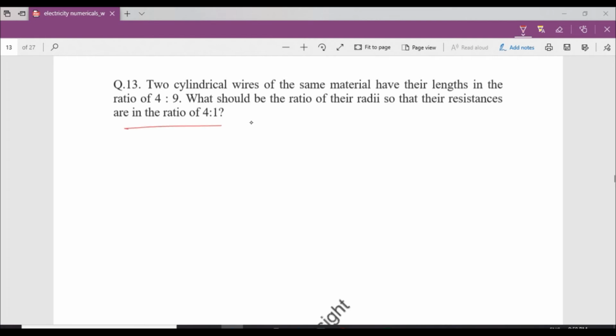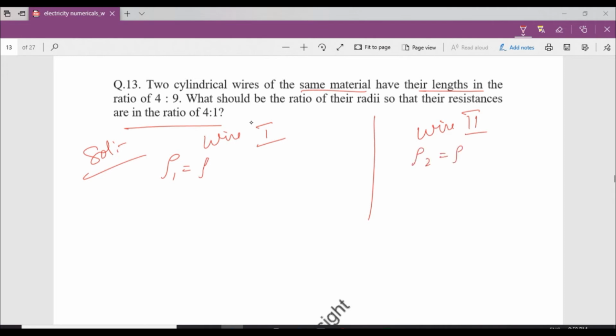Okay, so two cylindrical wires we have. One is wire 1 and one is wire 2. They both are made of same material, so rho 1 will be equal to rho and rho 2 will be again equal to rho. Now their lengths are in ratio.